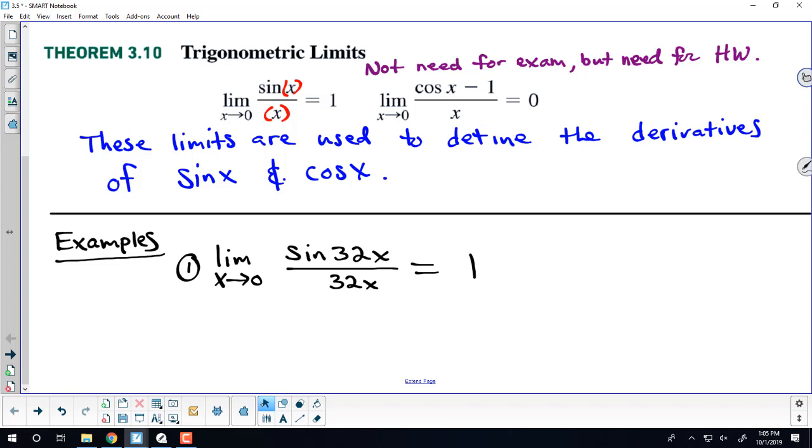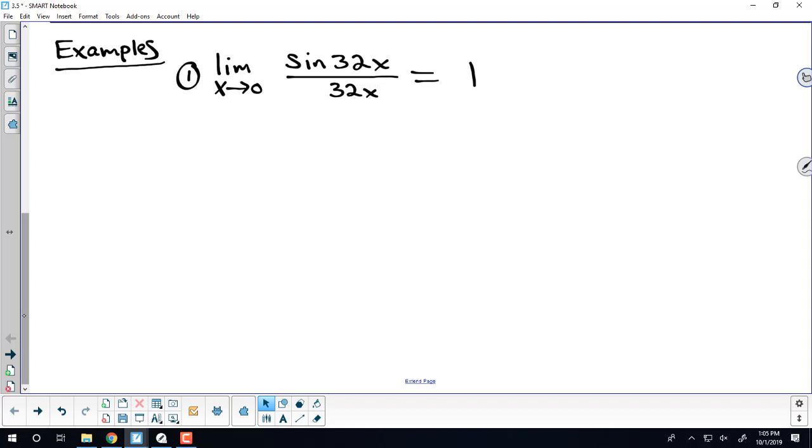Later on in chapter 4, we'll see a different method to compute limits when there's 0 over 0 or infinity over infinity. Okay, so hopefully that's pretty straightforward. It's direct application of that theorem.